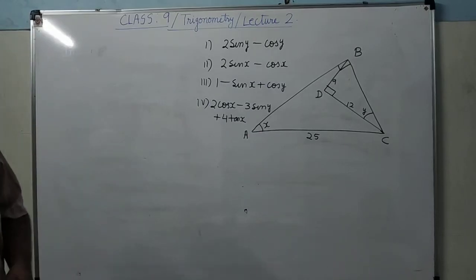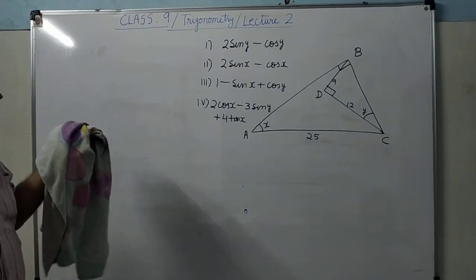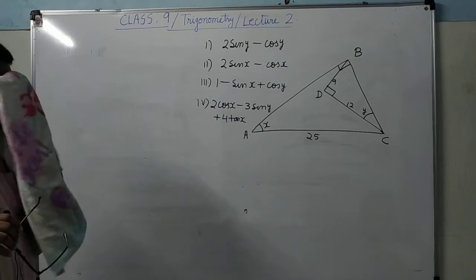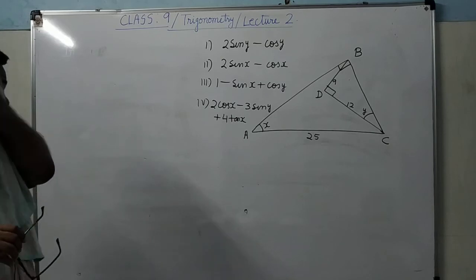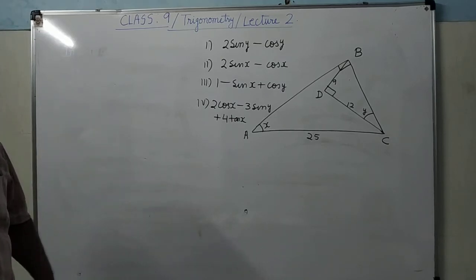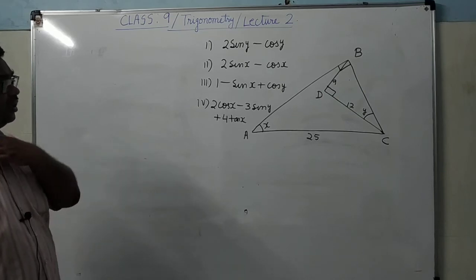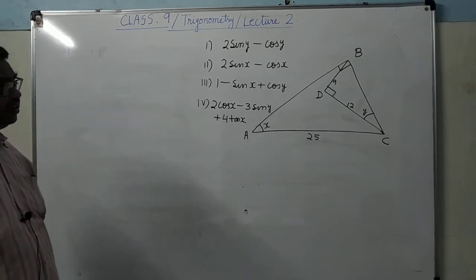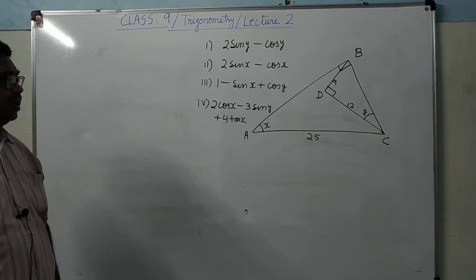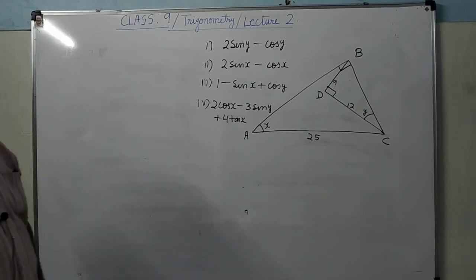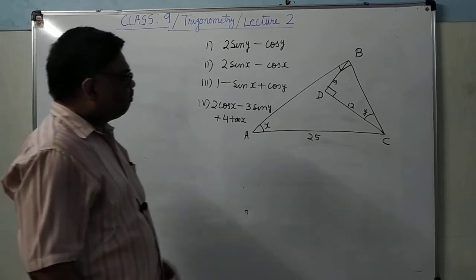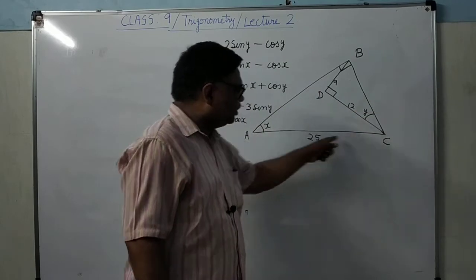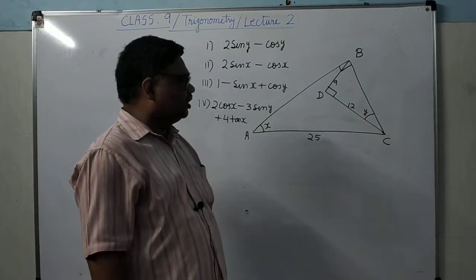So what is the procedure? Already I have told. First you see how many right angle triangles there are. You can see here one triangle is triangle ABC and the other triangle is triangle BDC. At present only one side is given in triangle ABC, which is AC.